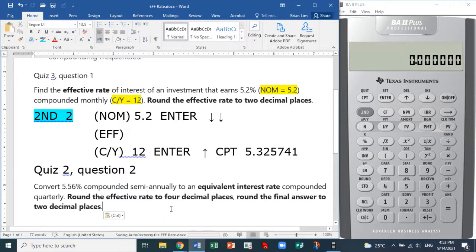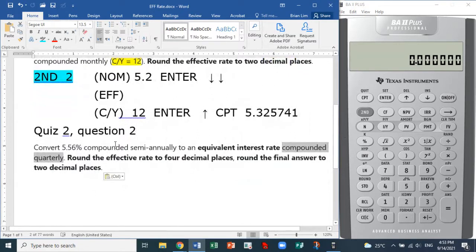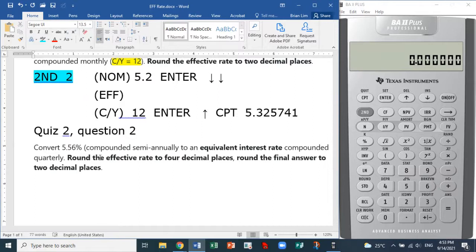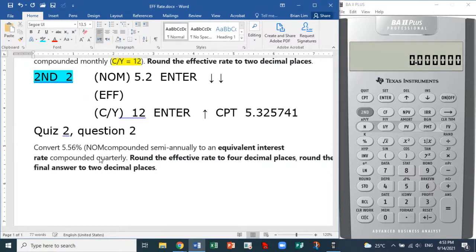All right, so what you have is two parts. One is compounded semi-annually and one is compounded quarterly. So that is what is taking place. We know well now that we put in the nominal, actually it's kind of like a nominal 1.